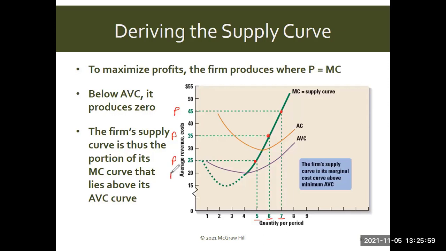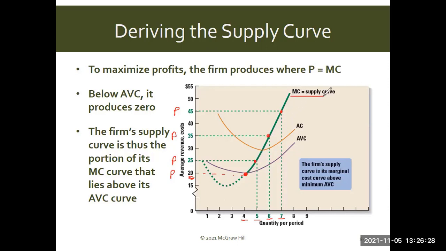Then if the price got down to 20, we come across and right there, we'd produce 4. But if the price falls below 20, we don't produce any, because price gets below average variable cost. So the only amount that we'd produce would be this green part of the marginal cost curve, the solid fat part of the marginal cost curve.